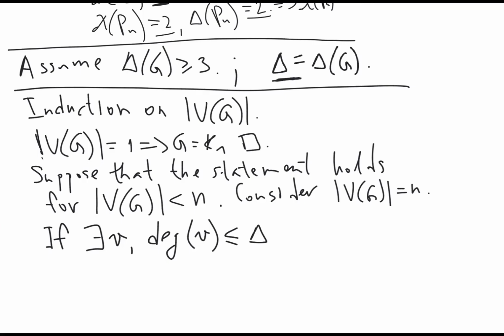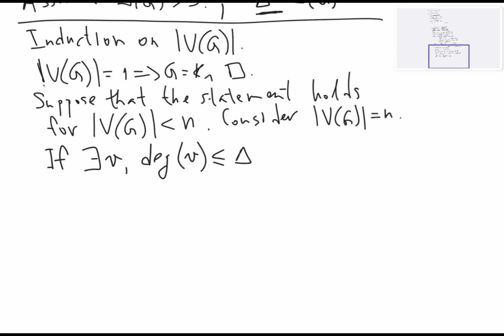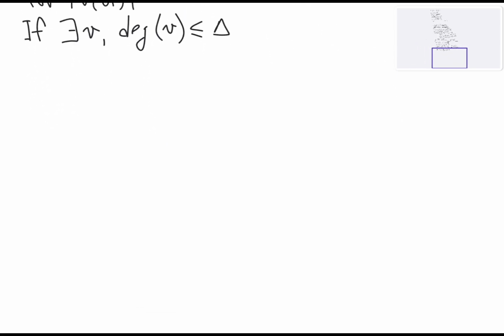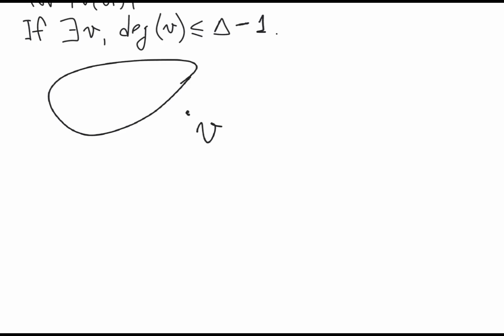Delta is going to be just delta of G, just for brevity. So if there is a vertex with the degree strictly less than delta, so at most delta minus 1, then we pick this vertex v, and here is the rest of the graph, G minus v.